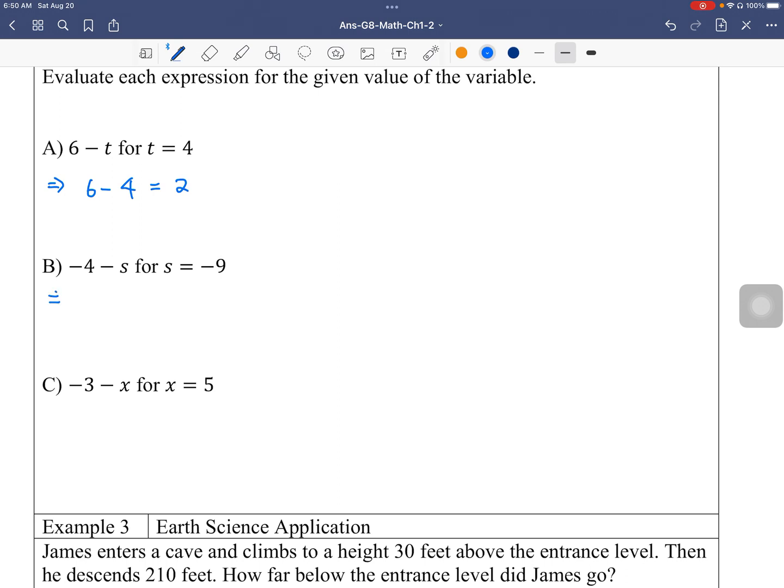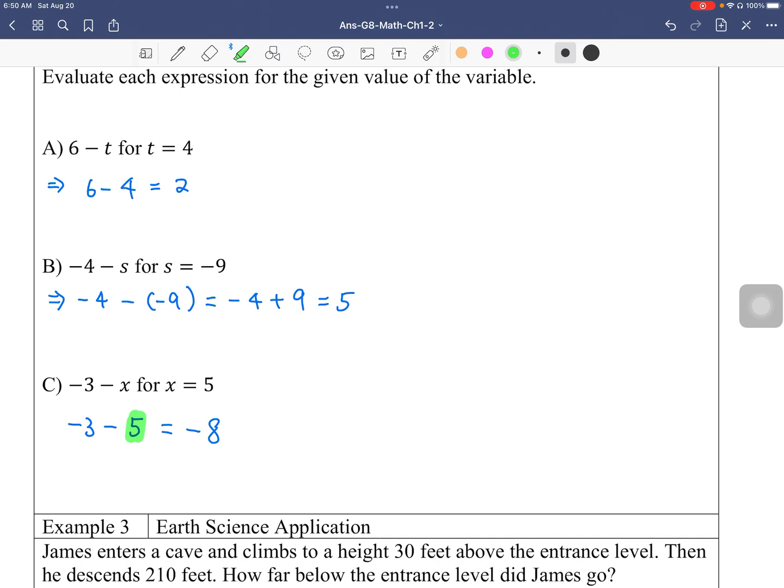The b: I have negative 4 minus negative 9, which will end up negative 4 plus 9, which is 5. C: I have negative 3 minus 5. This will become negative 8 because I'm adding the opposite, negative 5.